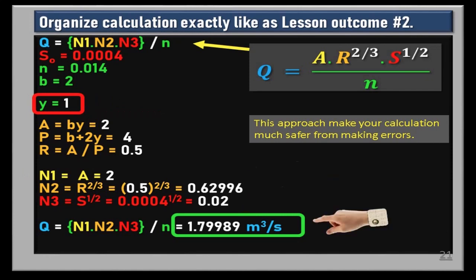Lastly, the flow Q, after calculation, become 1.79989. This flow Q, 1.79989, it is not 10, the target value. Thus, we need to try again with another flow depth y.